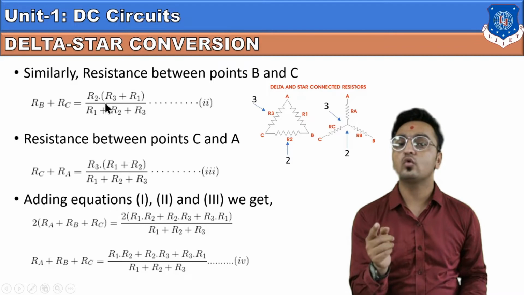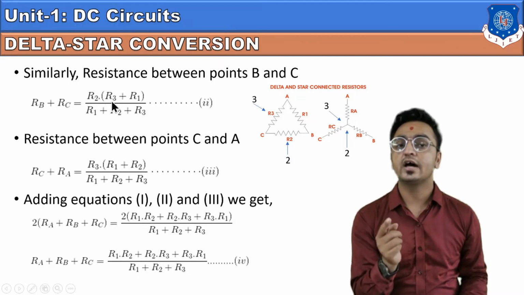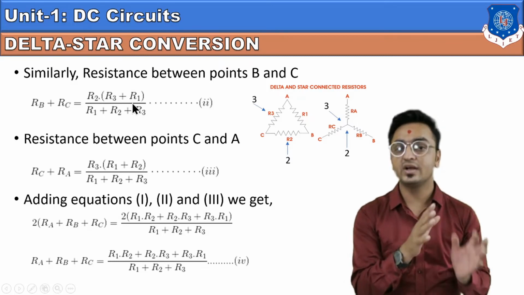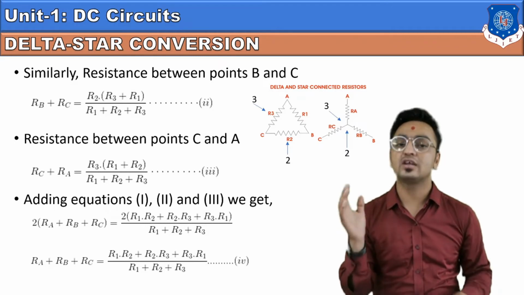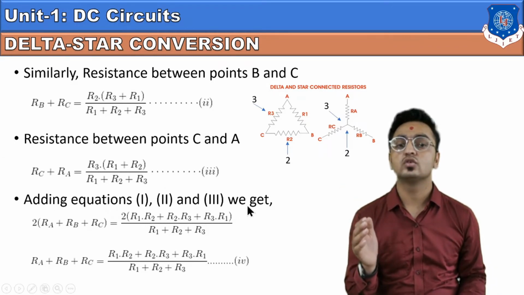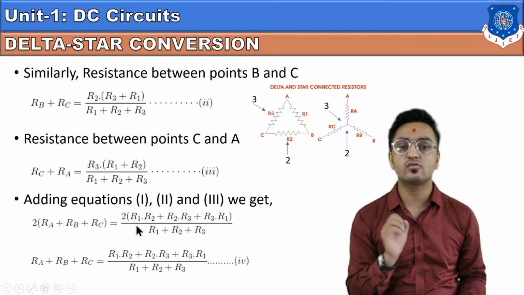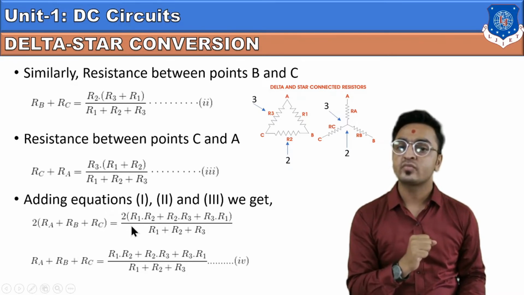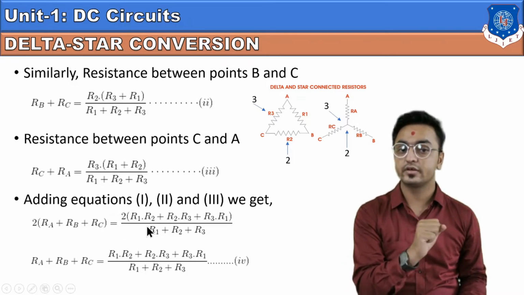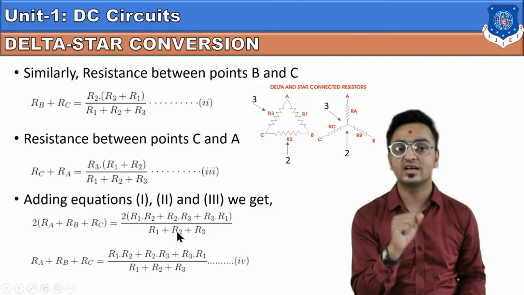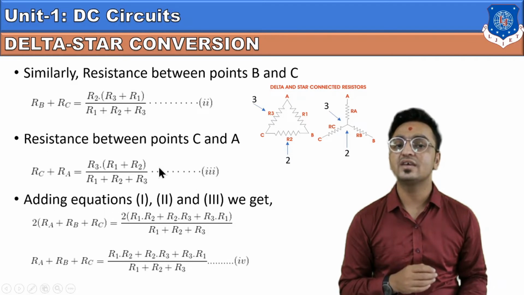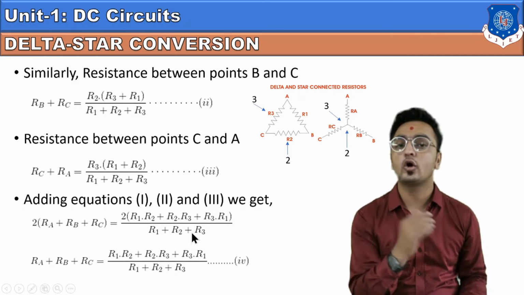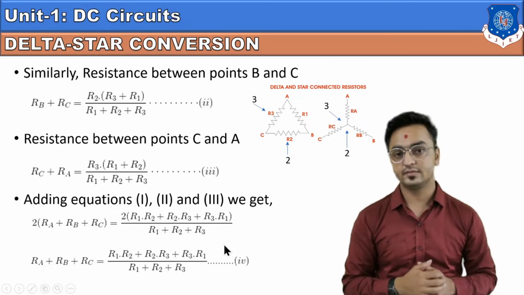In the same way, in the other equations we will have R2 into R3, and R2 into R1. If you multiply all these three equations and find the common terms, you will have a value as shown in this equation, that is 2 times R1 R2 plus R2 R3 plus R3 R1, divided by the common base R1 plus R2 plus R3.